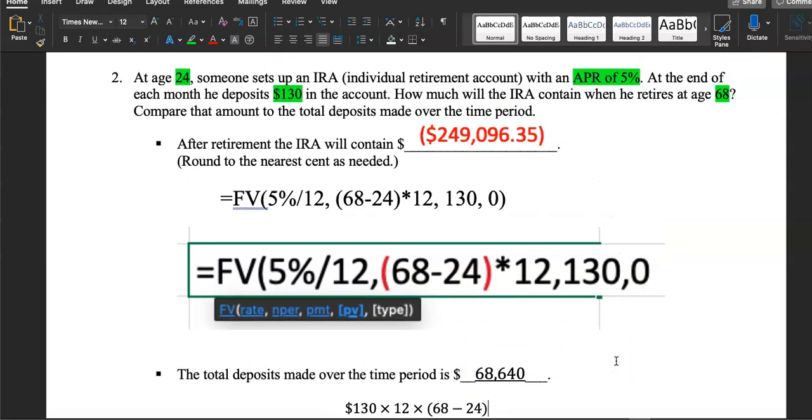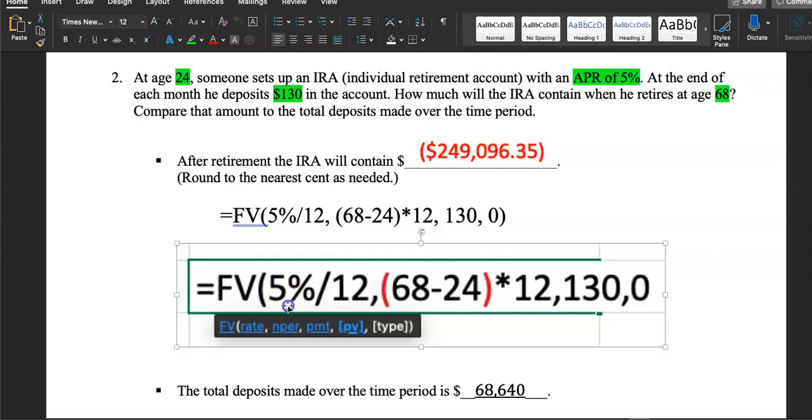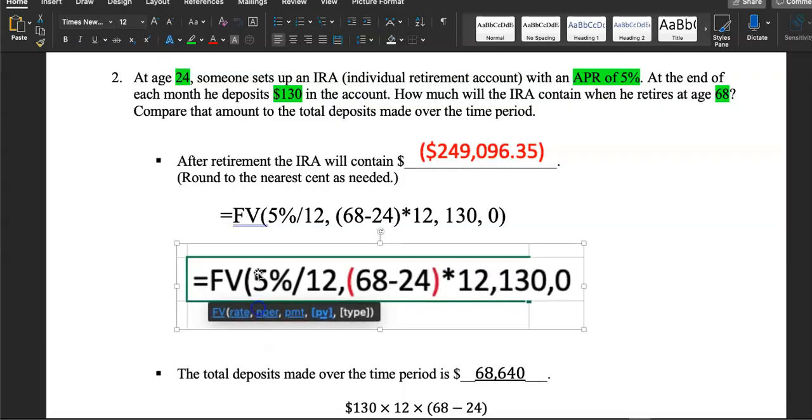But if he puts these into an individual retirement account that's giving him 5% APR, then how much money is he going to have in this account? He's going to have $249,096.35. That's amazing.